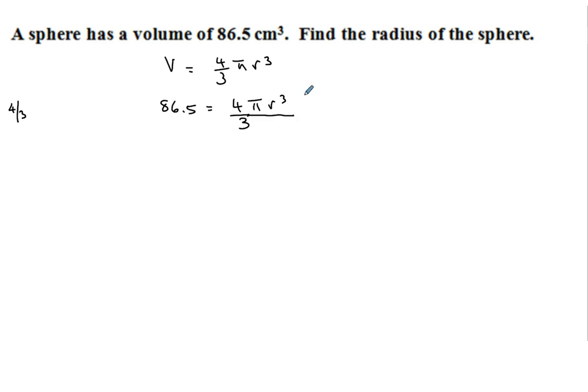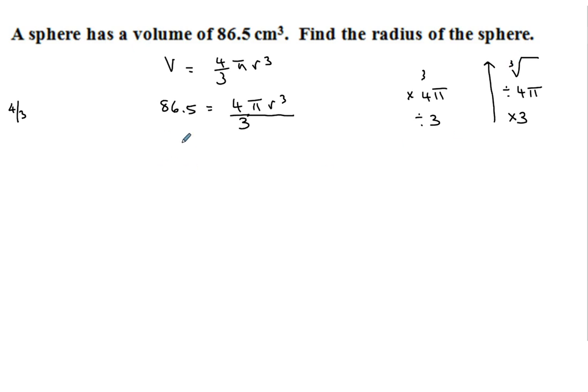So what's been done to the r? It's been cubed, and then it's been multiplied by 4 pi, and then it's been divided by 3. So we go backwards and we do the opposite. So we go times 3 divided by 4 pi, and then we cube root it.